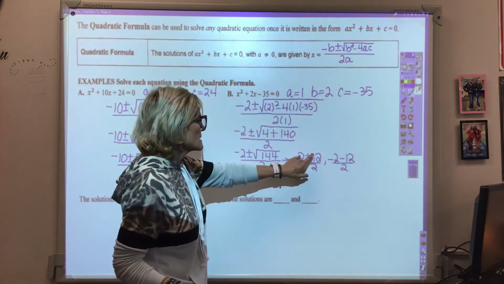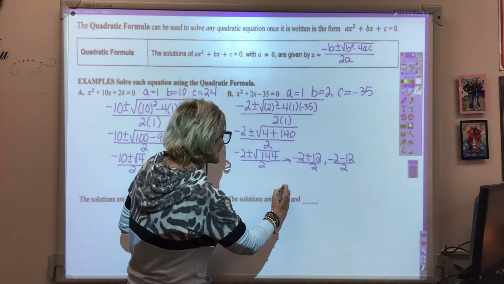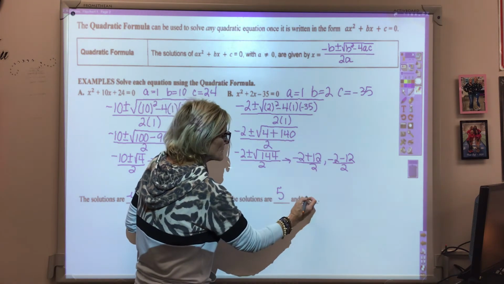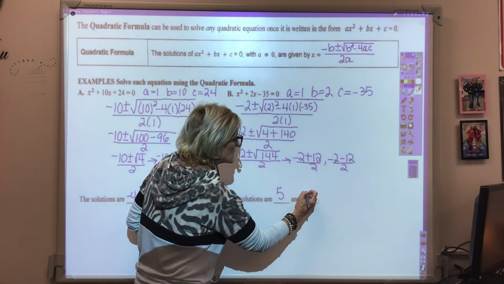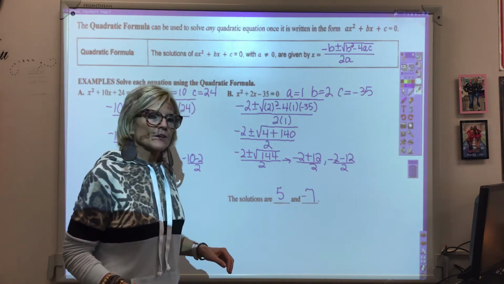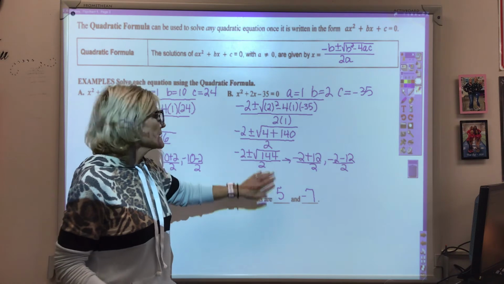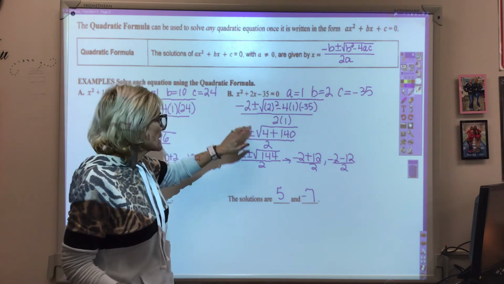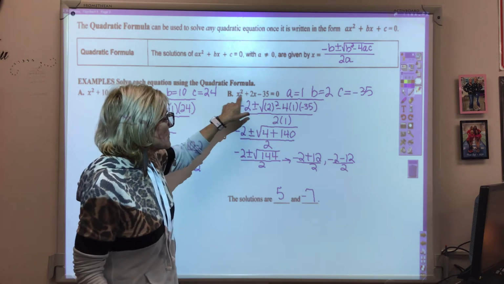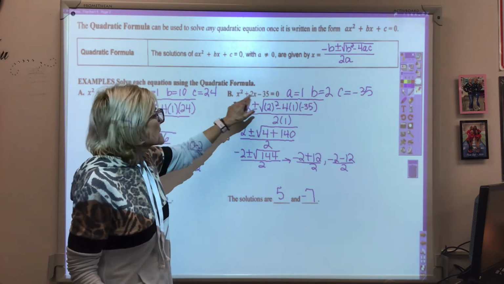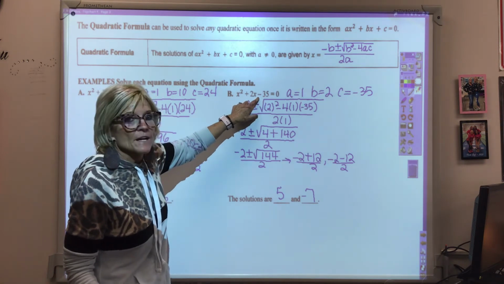So this would be 10 over 2, or 5, and the second one would be negative 14 over 2, or negative 7. And if you're in doubt about your answers, try them back in and make sure they give you 0. Remember, you would work this through with 5 for x, then work it a second time with negative 7 in for x.